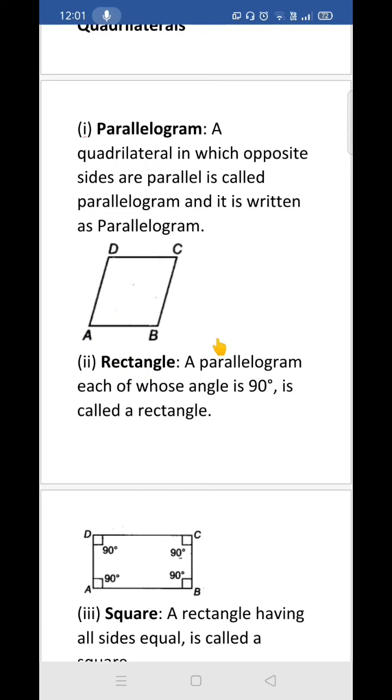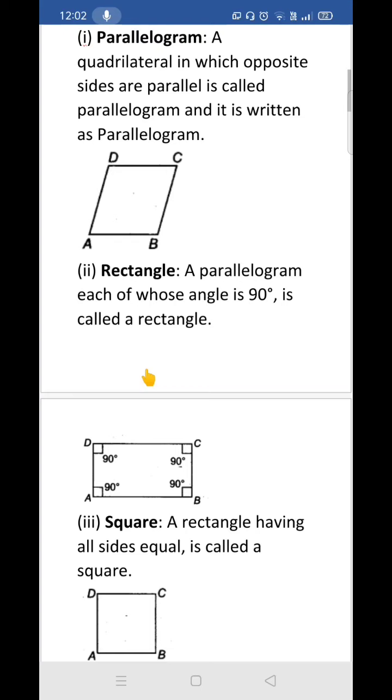Now the next one is the rectangle. A rectangle is a parallelogram each of whose angles is 90 degrees. A parallelogram is one kind of quadrilateral, right? Here again they have given that it is a parallelogram, meaning the opposite sides are parallel to one another.